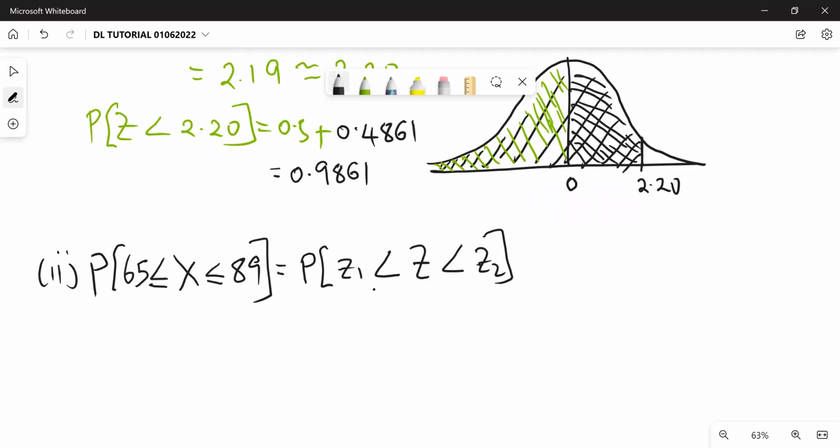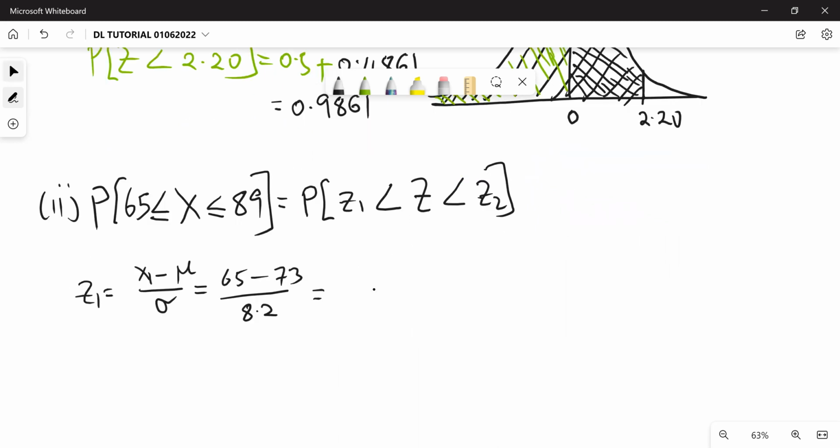So we know that Z1 will be equal to x1 minus mu over sigma, and your x1 in this case is 65 minus our mu, which is 73, divided by 8.2.